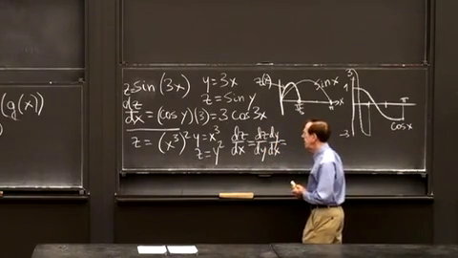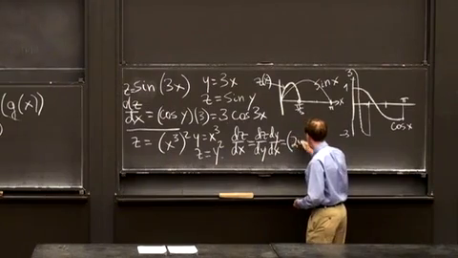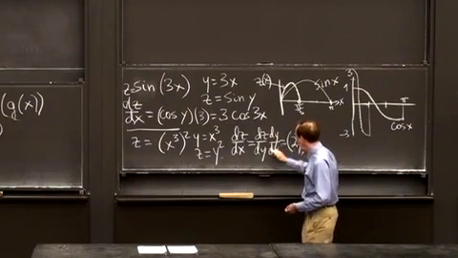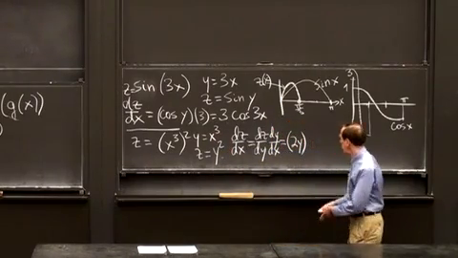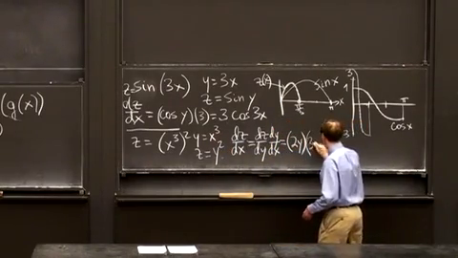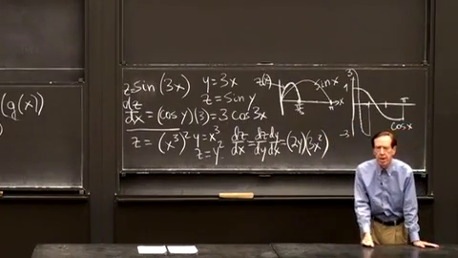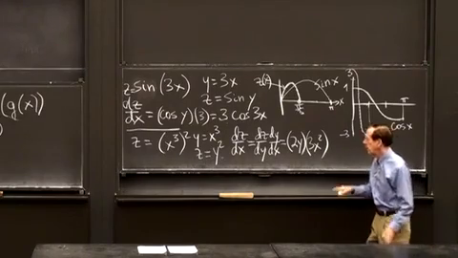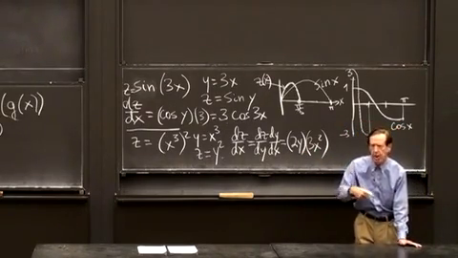So what's dz dy? z is y squared, so this is 2y, that factor. What's dy dx? y is x cubed. We know the derivative of x cubed. It's 3x squared. There's the answer, but it's not final, because I've got a y here that doesn't belong. I've got to get it back to x.